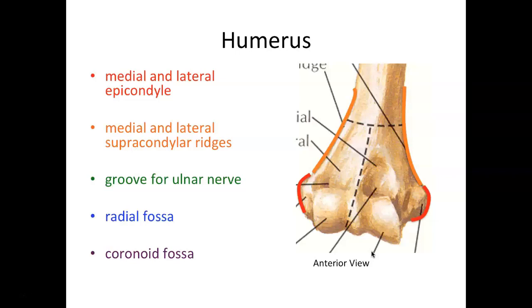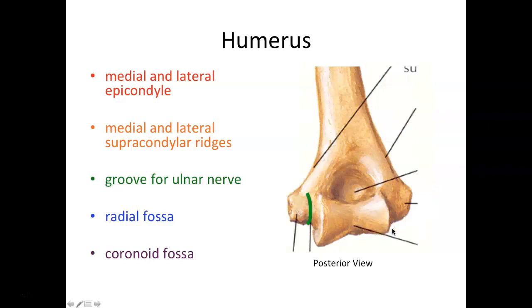Now above this area, we have your lateral supracondylar ridges, so they're kind of above the epicondyles and along the condyles. So this would be your lateral supracondylar ridge, and this would be your medial supracondylar ridge. Now between your medial epicondyle and your trochlea, which we'll get into in a moment, and this is a posterior view of it as well, we'll find your groove for the ulnar nerve.